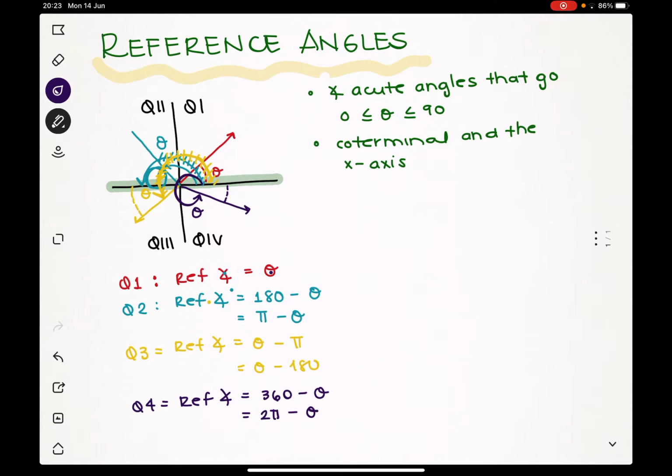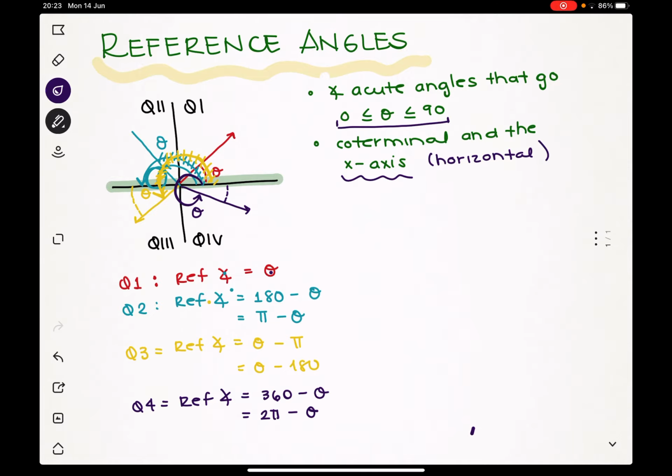So these formulas are going to come in handy for when we want to work with these types of angles, right? Remember that the reference angle always goes between 0 and 90, and we are always comparing it to the x-axis or the horizontal.